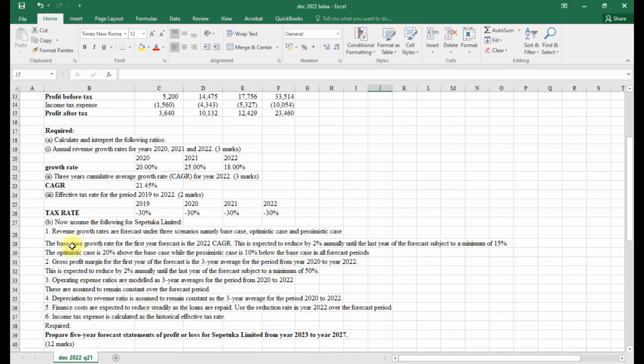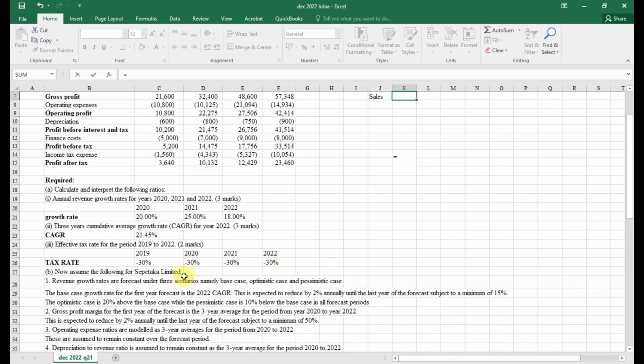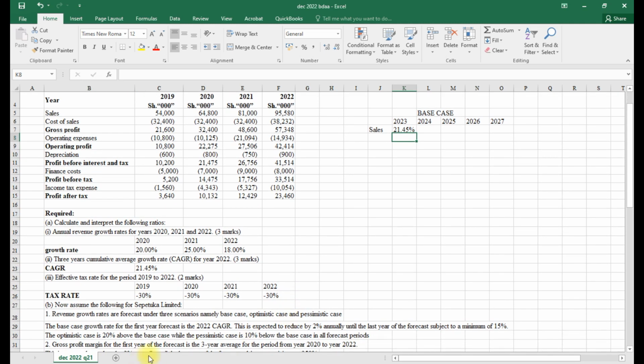And for the revenue, they're saying the revenue growth rate. So that's our sales. Our sales will grow here. The first year, they're telling us this. The base case growth rate for the first year forecast is 2022 KAJA. So the KAJA that we had here will be our forecast for 2022, and it will reduce.